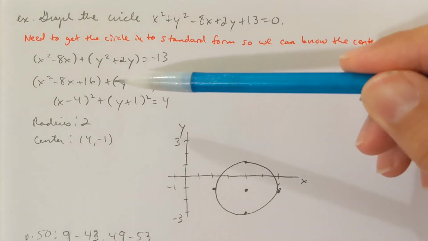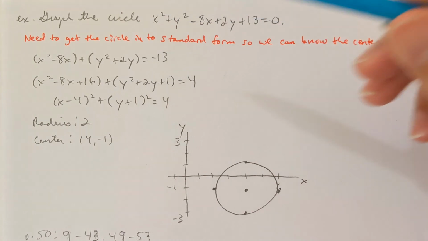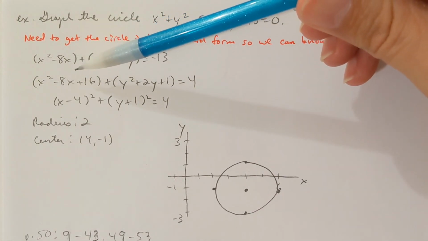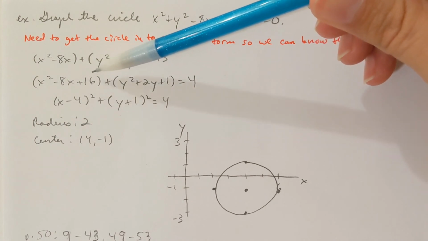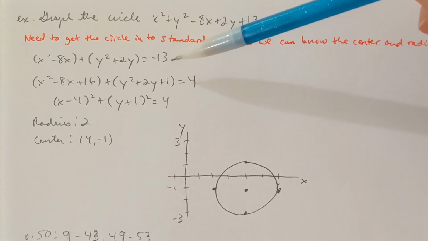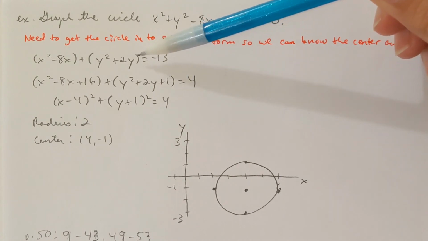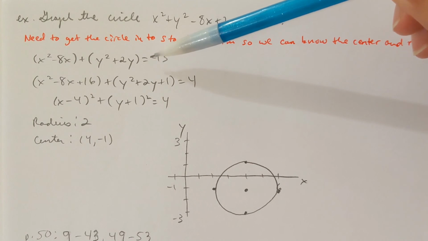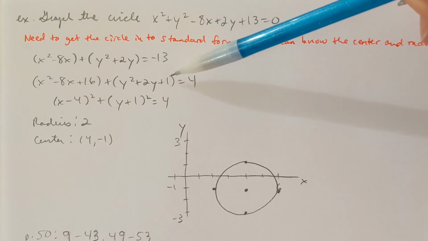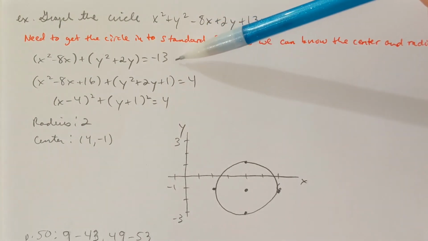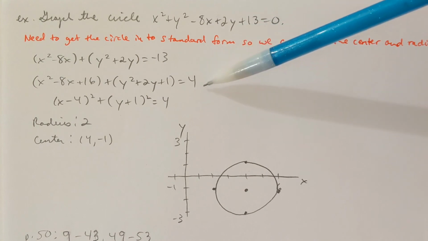So we want to take half of the number in front of x. Half of negative 8 is negative 4. Negative 4 squared is plus 16. And I'm going to have a plus 16 on the right. Half of 2 is 1. 1 squared is 1. So all in all, when it comes to negative 13, I'm going to be adding 16 and adding 1. Well, negative 13 plus 16 plus 1 gives me 4 on the right.